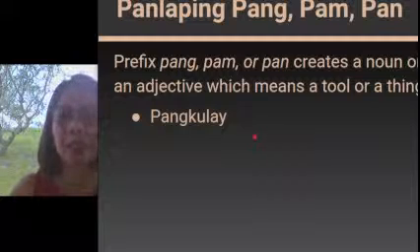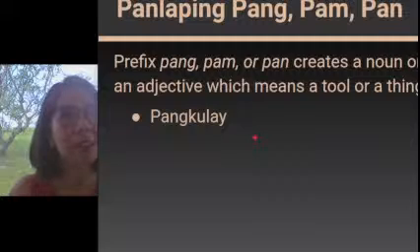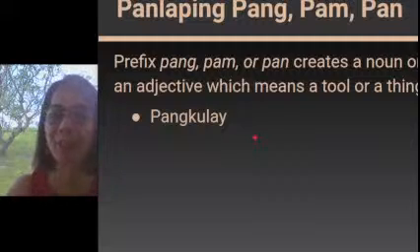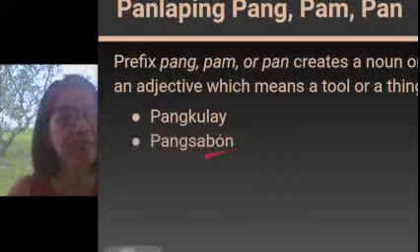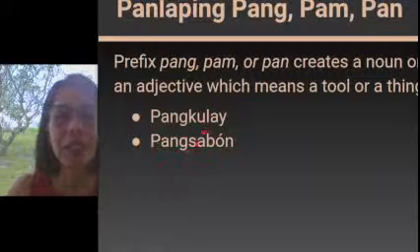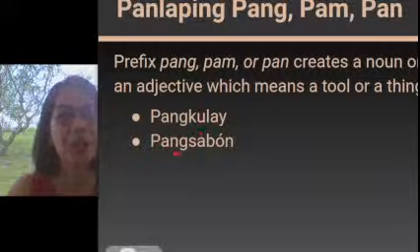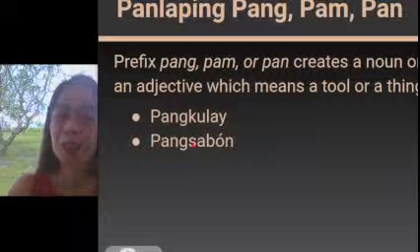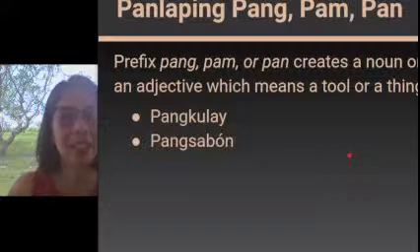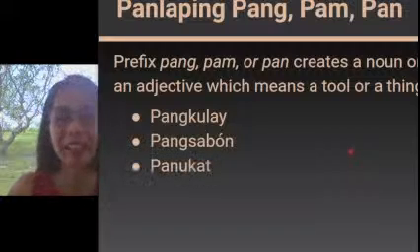It can be a coloring pen or a chalk, watercolor, or a paint. Another example, pangsabon. Sabon means soap. So it can mean a thing used in washing or cleaning something, a cleaning agent.